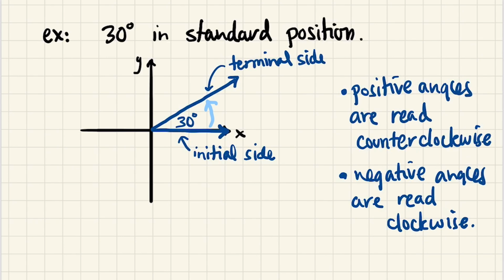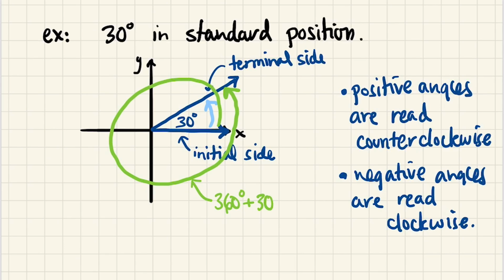Okay, so there's an angle of 360 and then plus 30 more. So now we have 360 degrees plus 30 degrees, which would be a 390-degree angle. And that angle has the same initial side, of course, they all do, of the positive x-axis, but it also has the same terminal side as the 30-degree angle does.